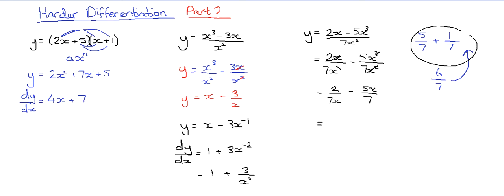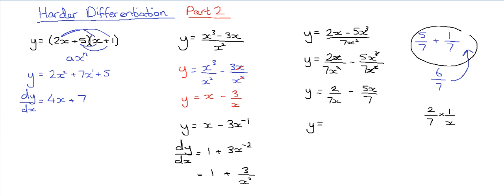Okay, so y, y, and a y. This isn't in index form. This form ax to the n, so we have to rewrite it. Now, I could write it like this. So this is the same as this.